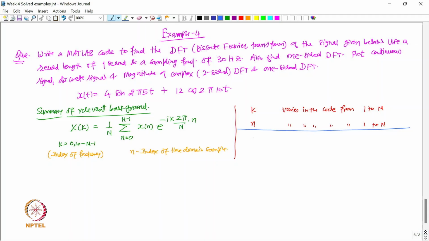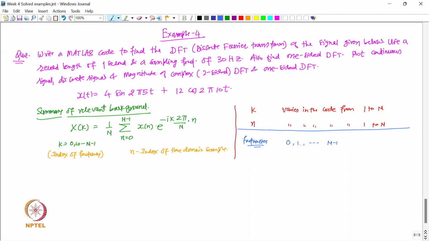The other thing is the DFT frequencies. As we discussed in the lectures, we can have the complex frequencies with index 0, 1, up to n minus 1, n number of frequency components, which in the program we are going to use from 1 to n.